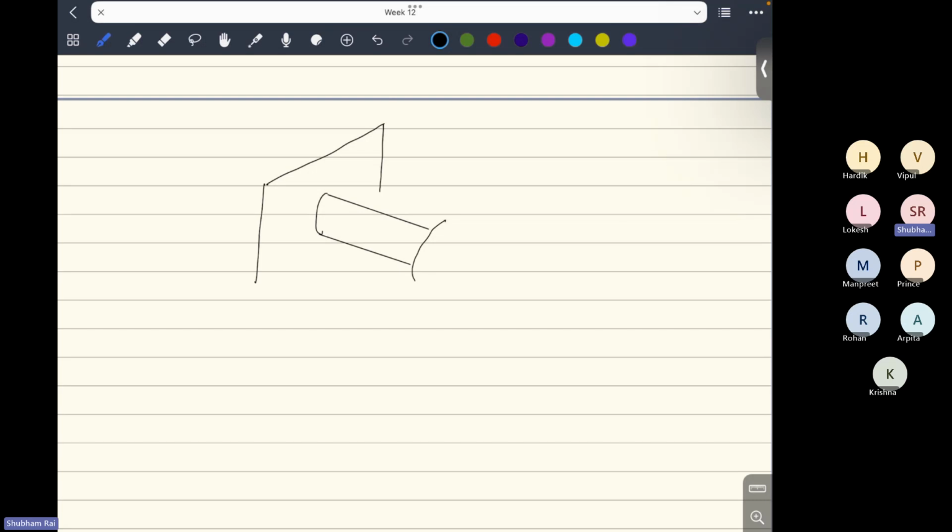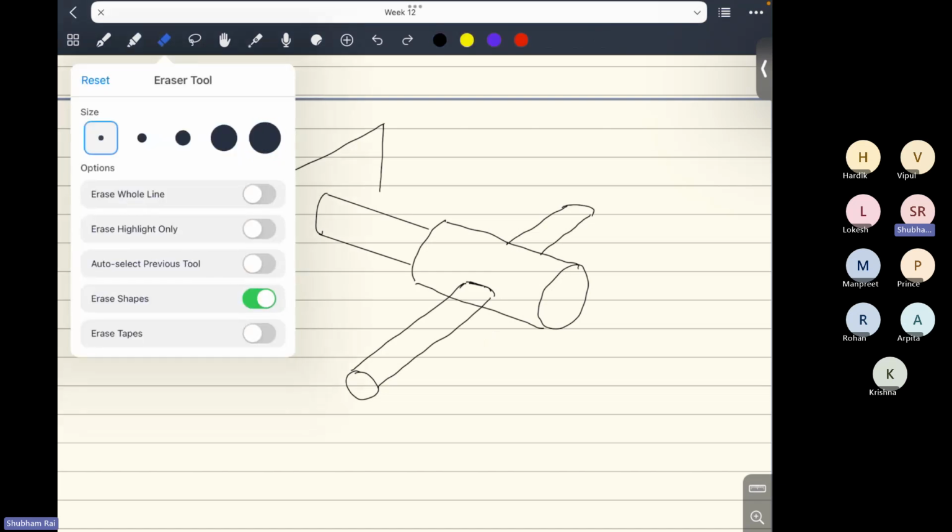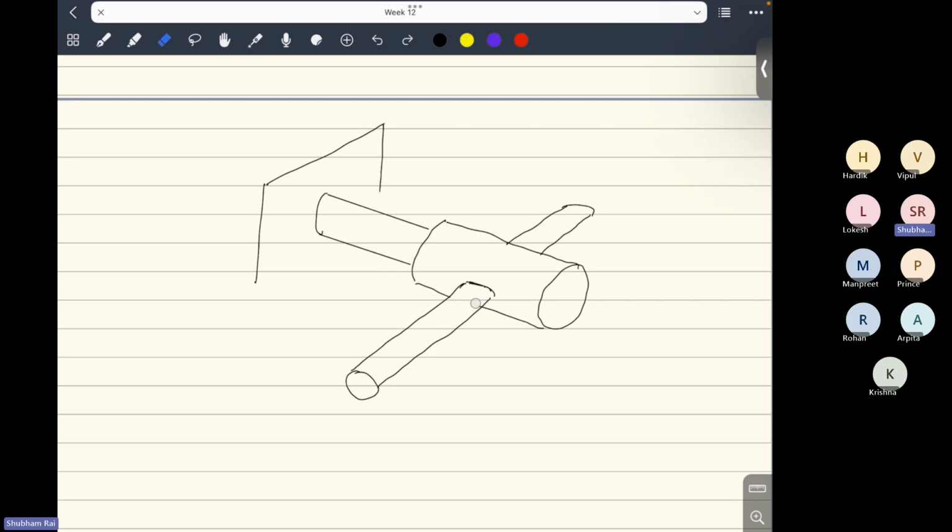And then you have here something like this, and then you have this cross section, and it is an overhang shaft. Here you have its origin.